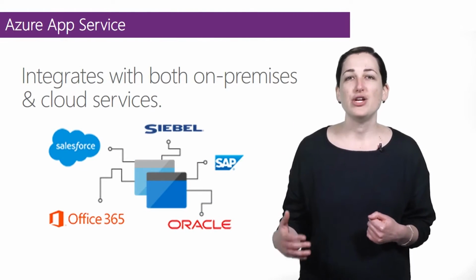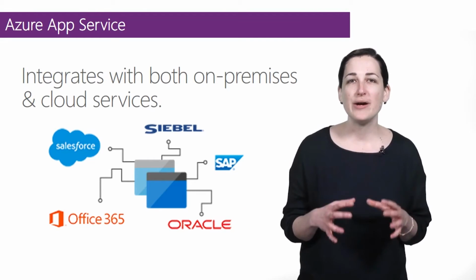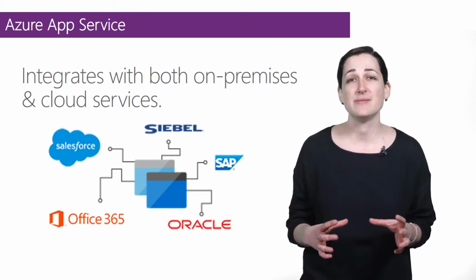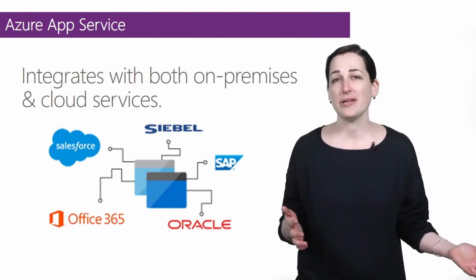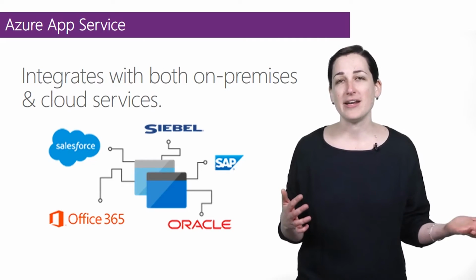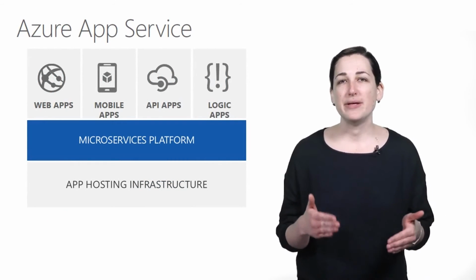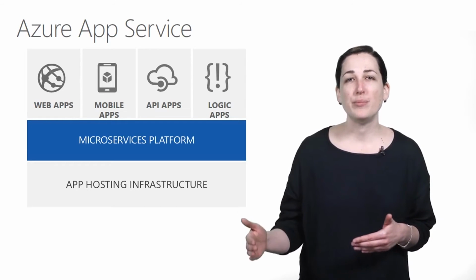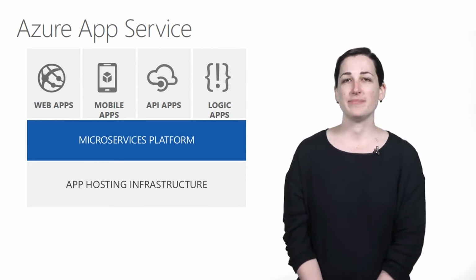As a developer, you need to build applications that support multiple platforms, can integrate with on-premises information systems and cloud-based services, as well as automatically scale globally as your business and audience grow. With Azure App Service, you can rapidly build, deploy, and manage web and mobile apps for employees or customers using a single backend.